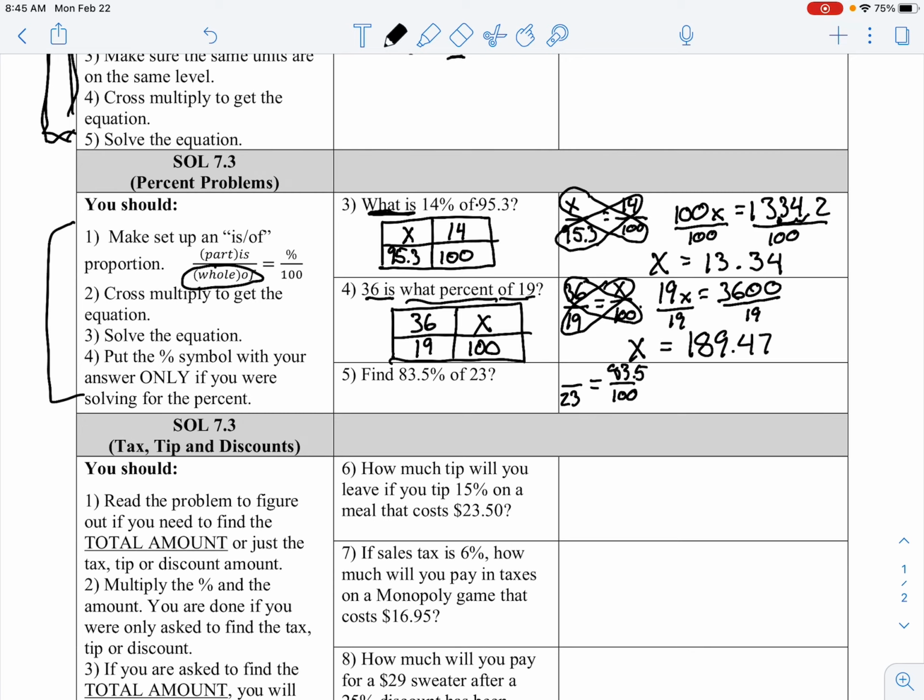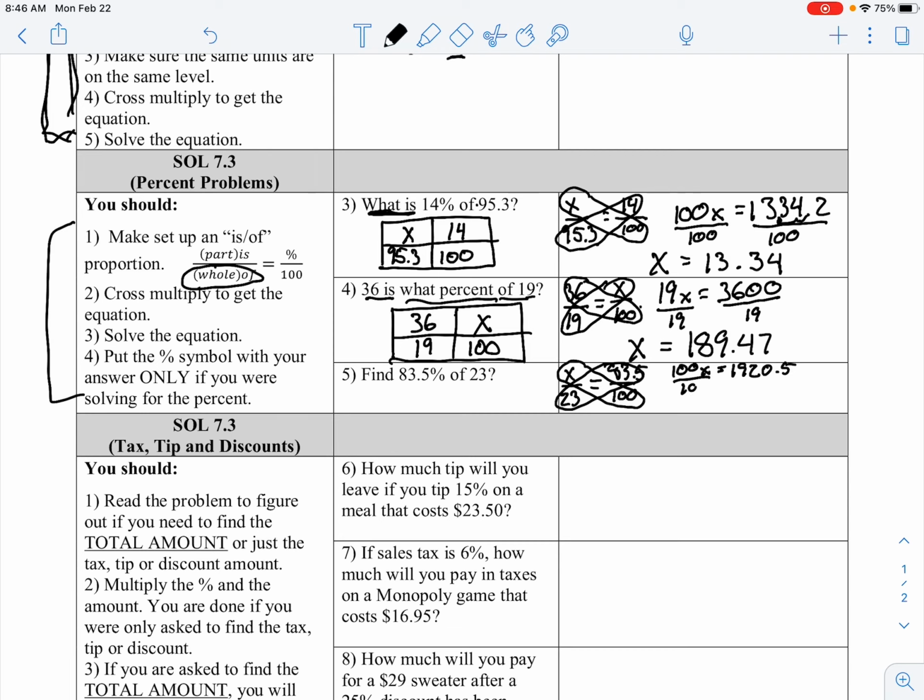So we don't know what our is number is, so a variable is going to go there. And then once again, multiply across. 100 times x will equal 23 times 83.5, 1,920.5.